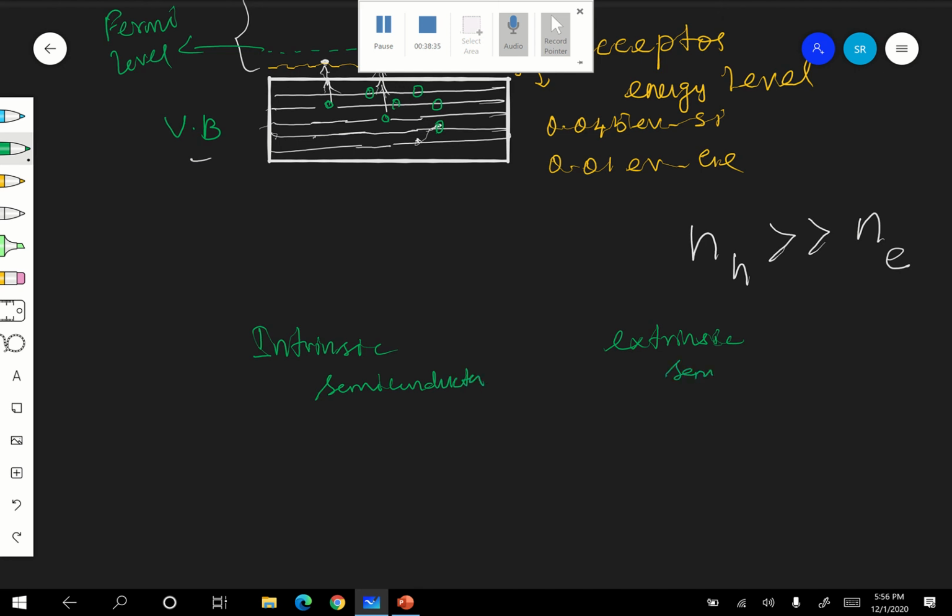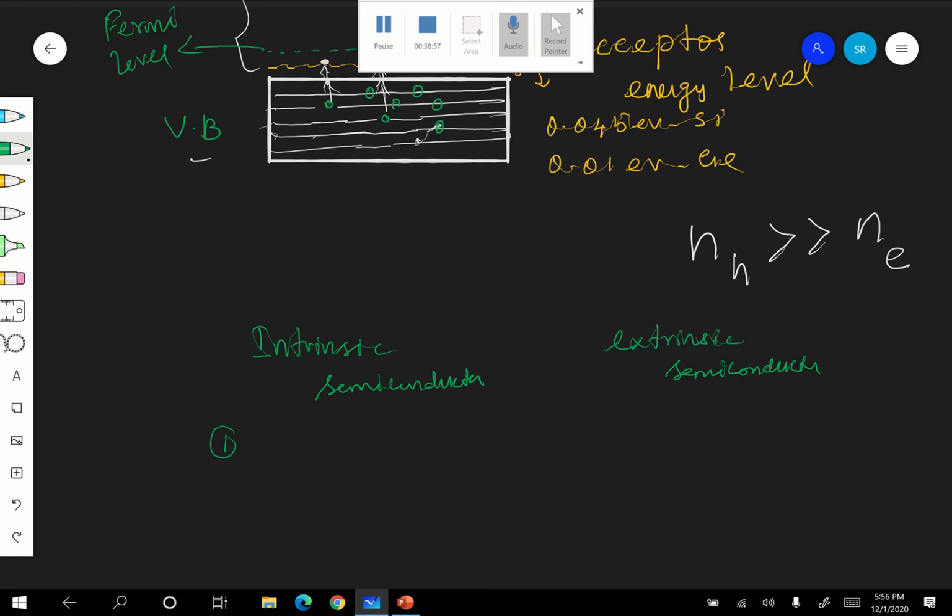Now, number one, intrinsic semiconductors are pure semiconductors. But extrinsic semiconductors are not pure. Some impurities are deliberately added, either pentavalent or trivalent impurities. That is number one. I think you can write afterwards.